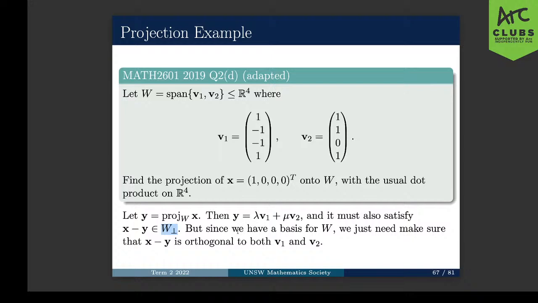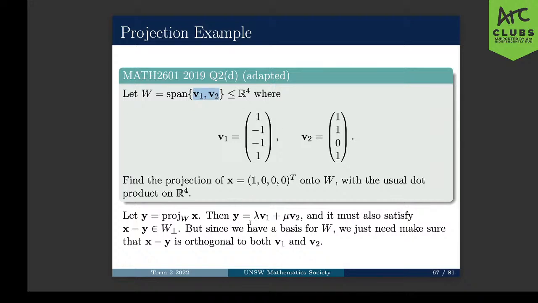So the thing is, we have a basis for W. We just need to make sure that x minus y is orthogonal to both v1 and v2, right? Because for this to happen, we need x minus y to be perpendicular to all vectors in W. But every vector in W is a linear combination of v1 and v2. So if x minus y is orthogonal to both v1 and v2, then it should be orthogonal to any linear combination of v1 and v2.